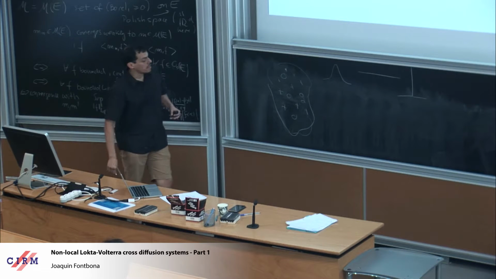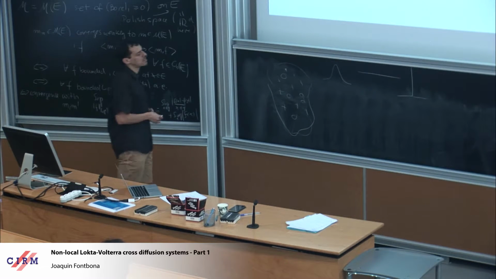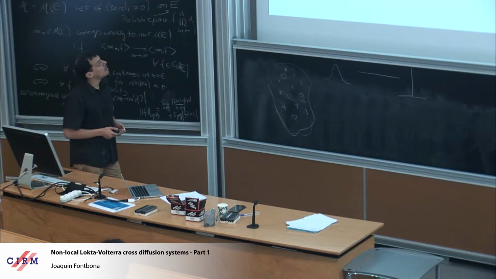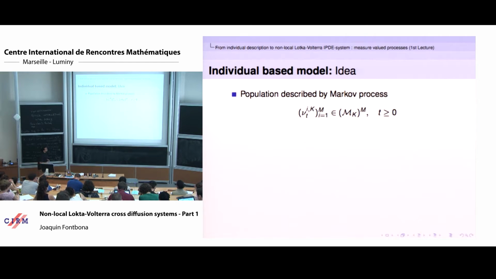And I'm looking at these empirical measures describing the population of each of them. So I will call ν_i^K each of these measures for i equal 1 to M. And the idea will be to construct a Markov process which will describe the evolution of these populations, with all the interactions which I mentioned.